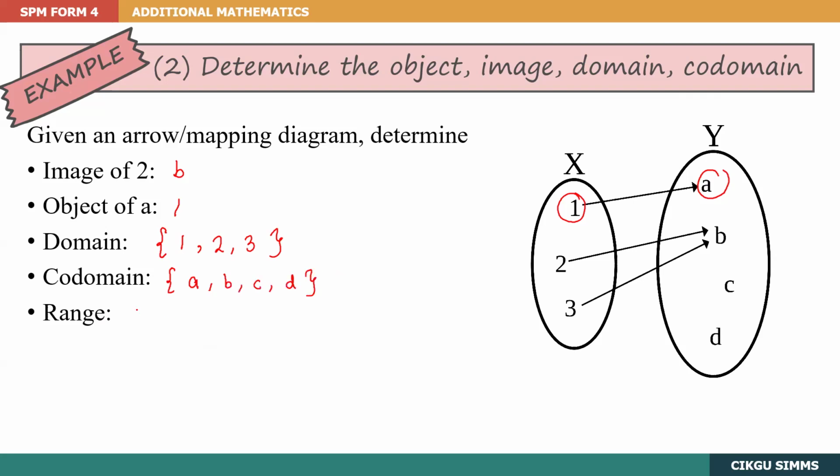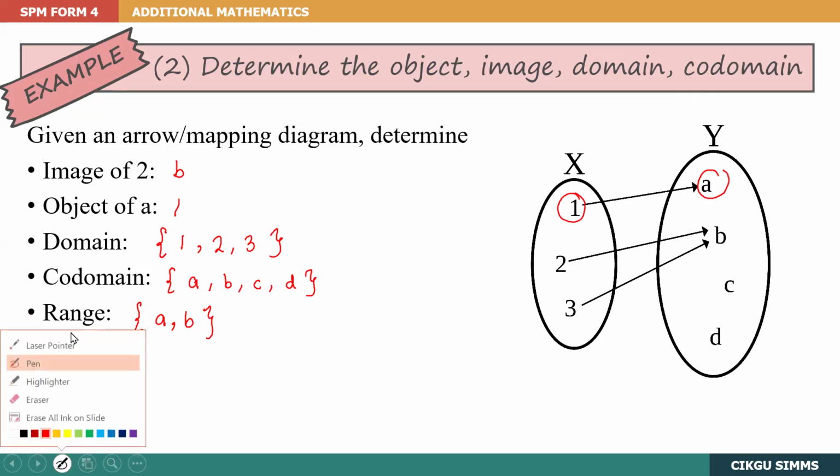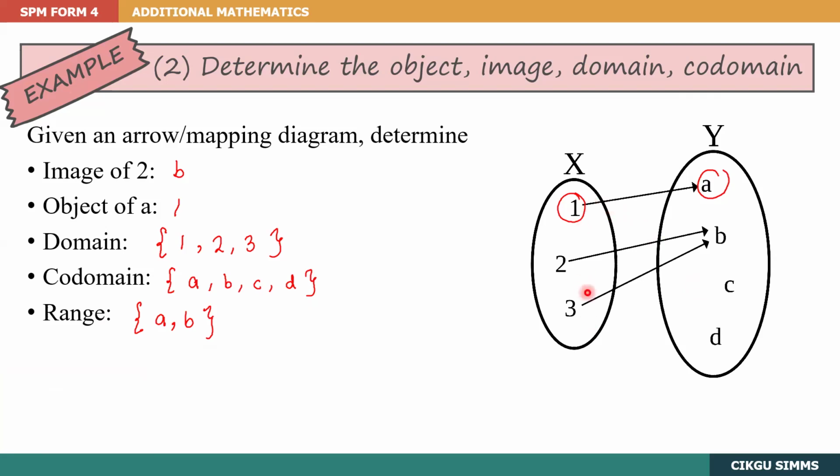The range is just A and B only, because C and D are not the image of any object here, so C and D are excluded from the range. You need to remember that the domain is the set of inputs, the codomain is the set of everything inside the output, and the range is only those that are the image of an object.